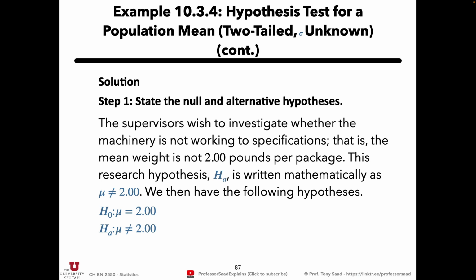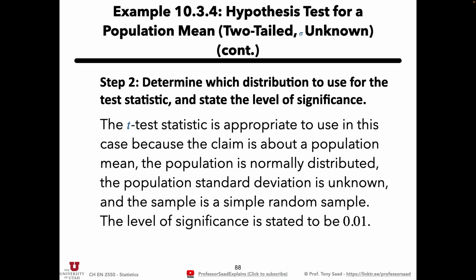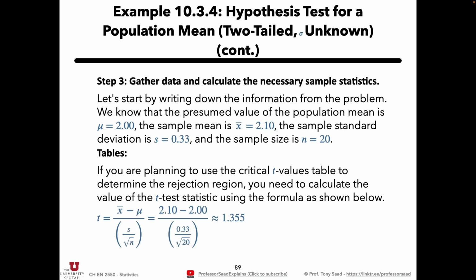So this is a two-tailed test. We don't know the population standard deviation, so we identify the test to be a t-test, using the t-distribution. Level of significance is 1%, 0.01 for alpha. That's going to help us determine the critical values. And next you gather the data, which was already gathered for us, and then we compute a t-score.